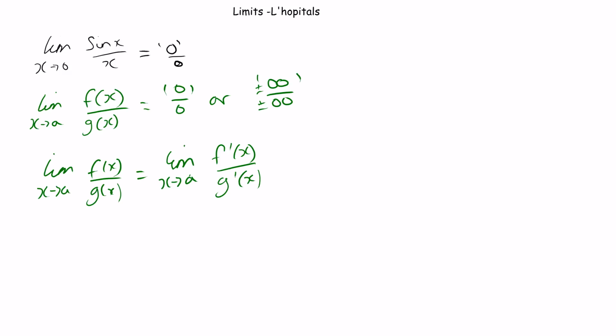So let's have a look at how this can be utilised. Let's take our example of sine x over x. This is equal to 0 over 0, therefore L'Hopital's. If we differentiate the top, the derivative of sine x with respect to x is equal to cos x, and the derivative of x with respect to x is 1.